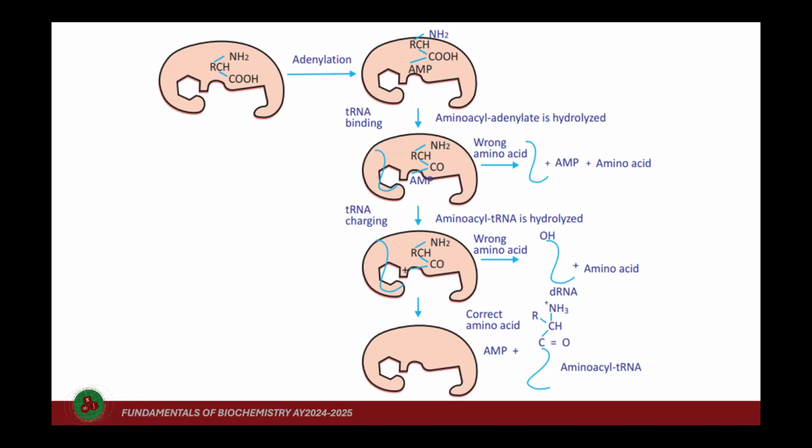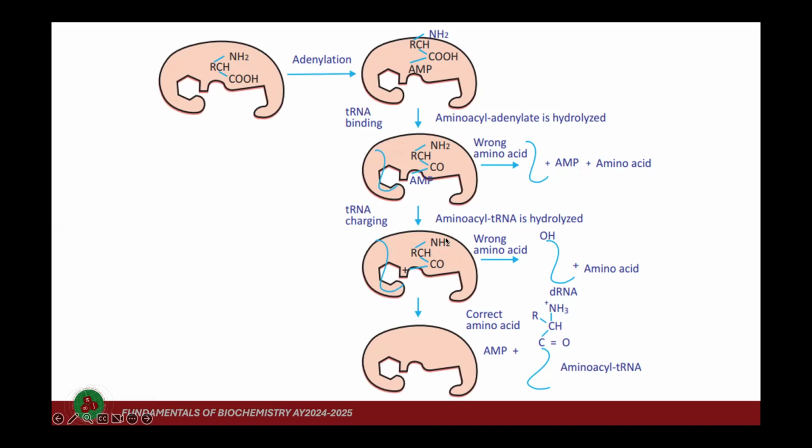It might accidentally activate the wrong amino acid, but since it checks early on, it can reverse the reaction. So it can release the incorrect amino acid and the AMP. And then another amino acid enters.